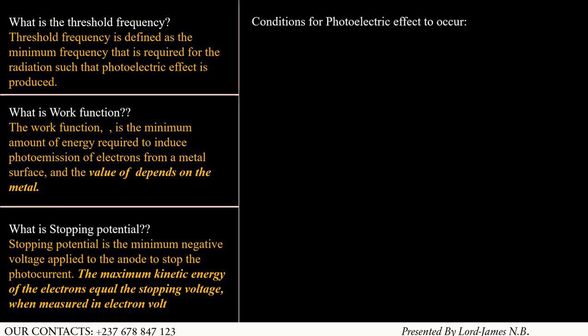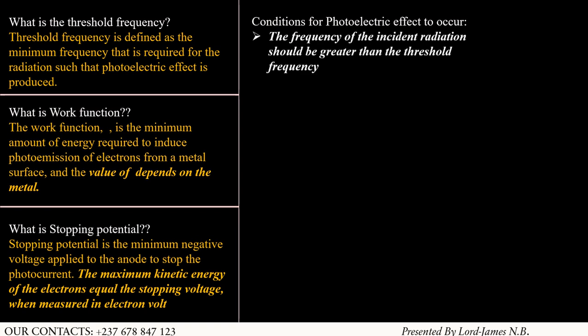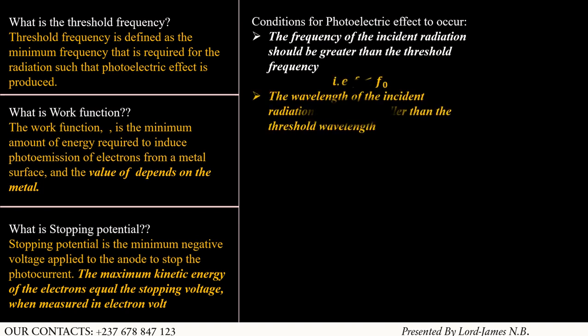What are the conditions for photoelectric effects to occur? The first condition is that the frequency of the incident radiation should be greater than the threshold frequency. That is, f should be greater than or equal to, sorry, this sign is greater than or equal to. So f should be greater than or equal to f naught.